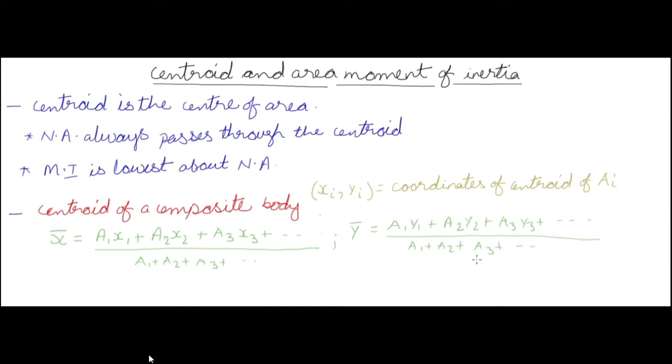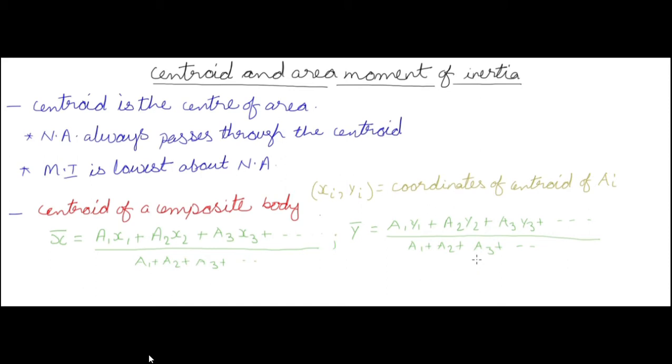Composite body means a body that is made of various areas combined. Some areas may be rectangular, circular, triangular, or any shape, an arbitrary shape.